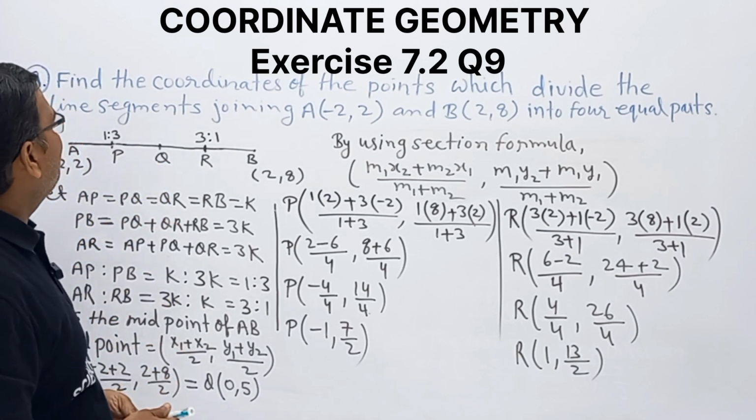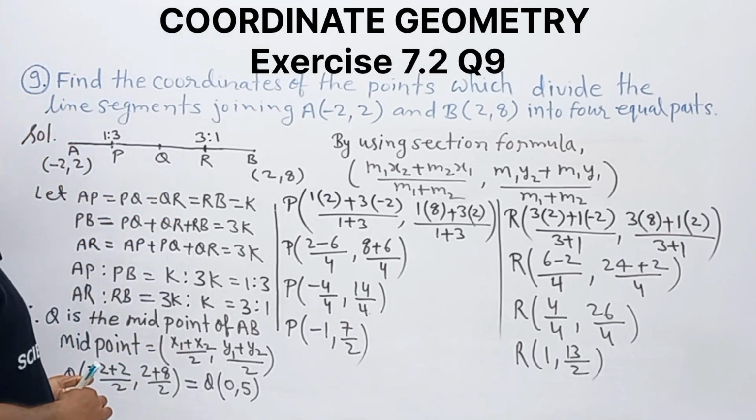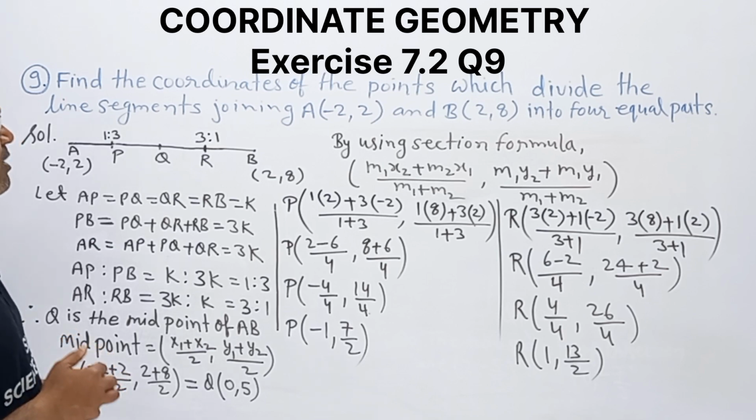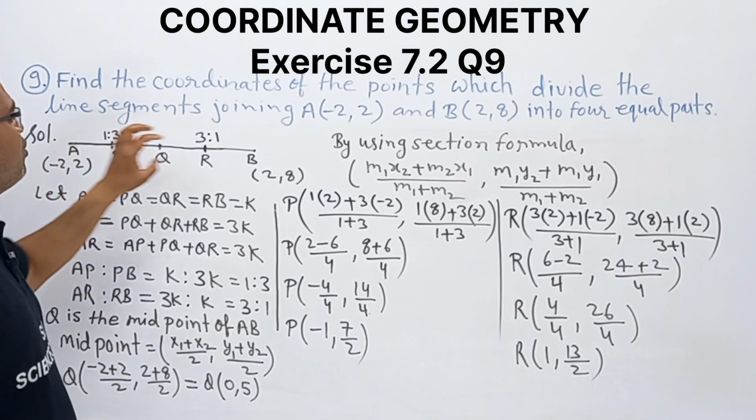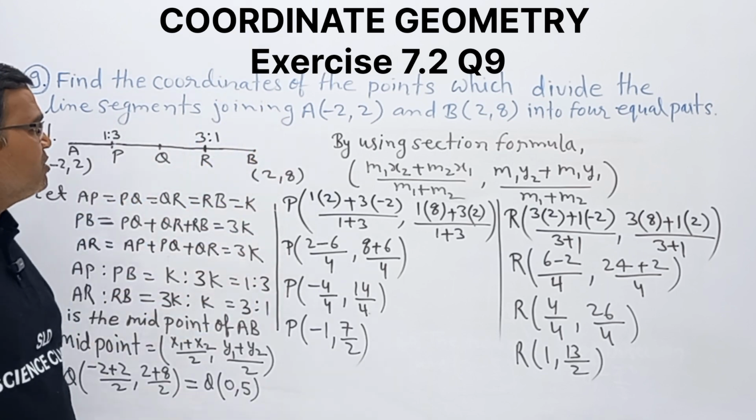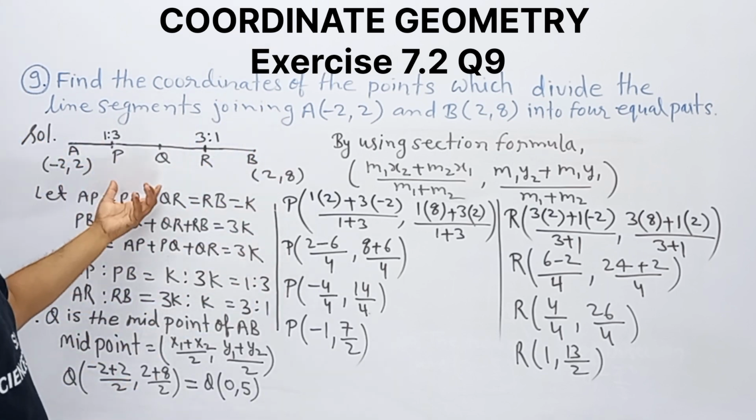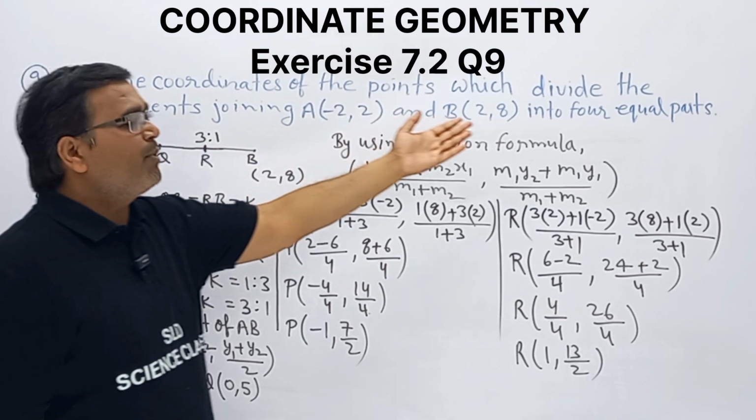Observe again what we did in this question. In the question we have one line segment AB, with the coordinates of A and B given. This line segment is divided into 4 equal parts.